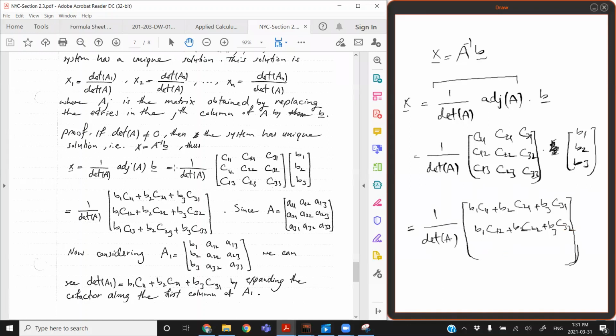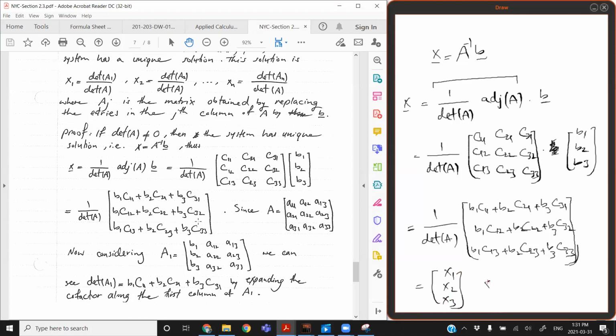And for the last one, if I multiply this row and this column, I get B1 times C13 plus B2 times C23 plus B3 times C33, which I also have here. Now, this is the x1, x2, x3.